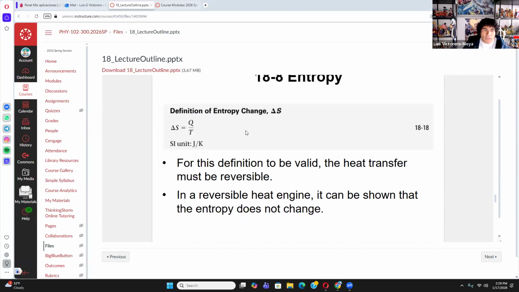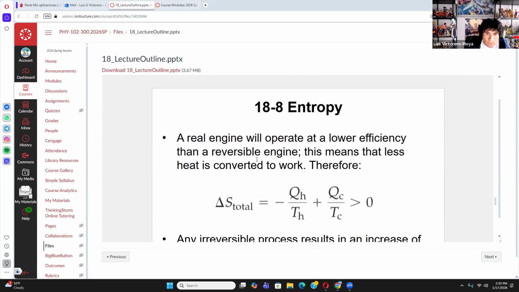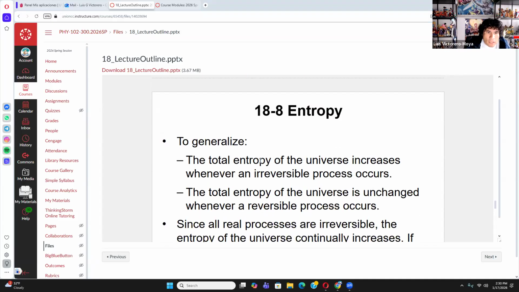And the definition of entropy, which is basically the value of disorder of a system, is equal to the heat, right, divided by the temperature of the system, right? In a reversible heat engine, it can be shown that entropy does not change. That's because it's reversible. All right.